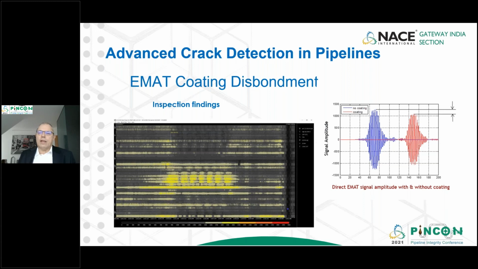And if we have an area of approximately 60 square centimeters, then we can determine that this is an area of coating disbondment. It must be said that this must be a full area where the coating is disbonded from the pipe wall.